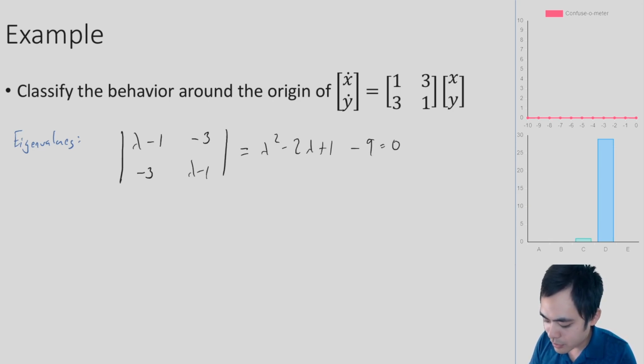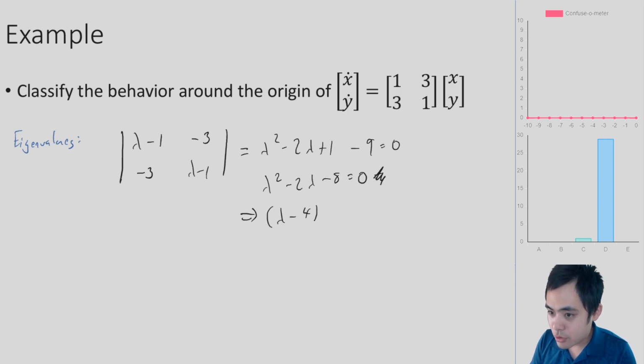So you're left with lambda squared minus 2 lambda minus 8 equals 0, which implies that lambda minus 4 times lambda plus 2 equals 0, and so lambda is equal to minus 2 or 4. Therefore we have a saddle point.